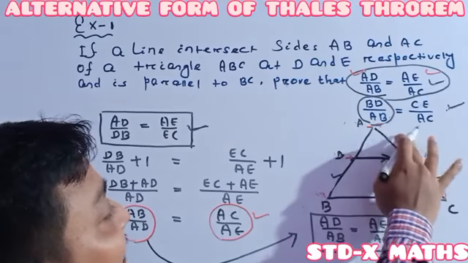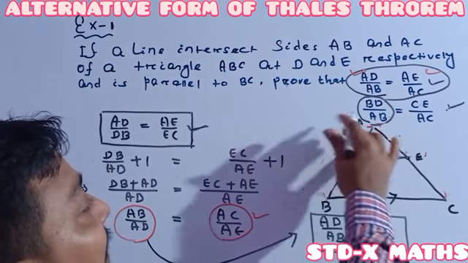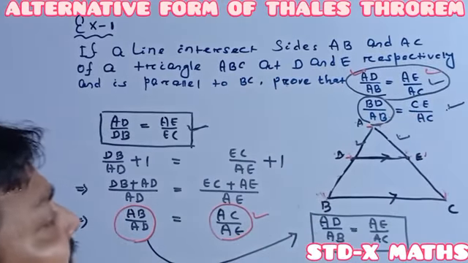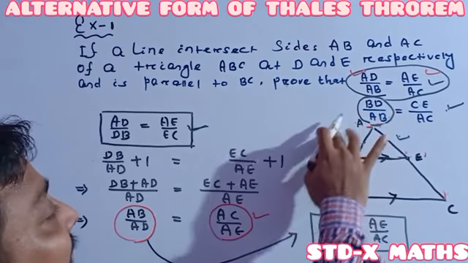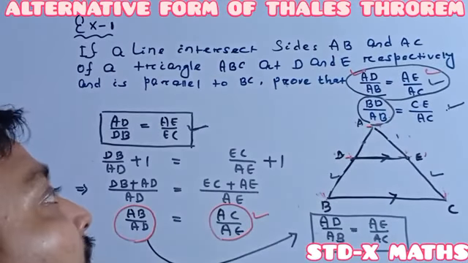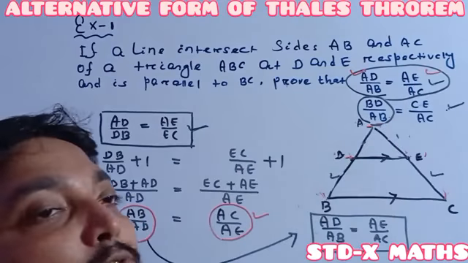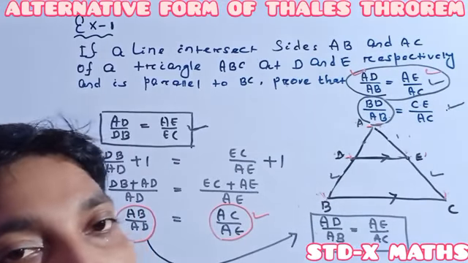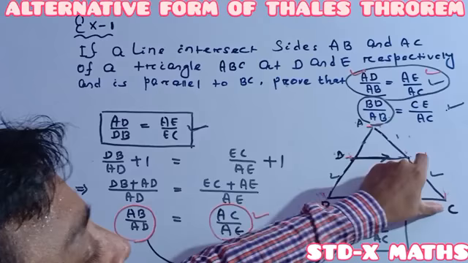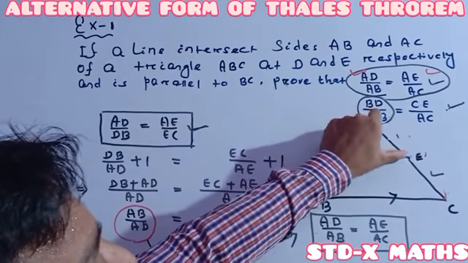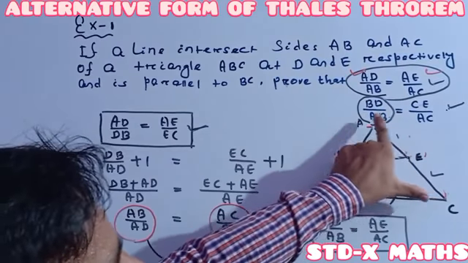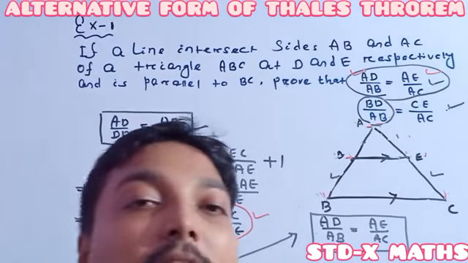In addition, remember that a little one divided by the total is the same as the other little one divided by its total. Both of these ratios are called the alternative form of the Thales theorem. So in the exam, a question may come asking you to show any of these forms. All are the same thing.